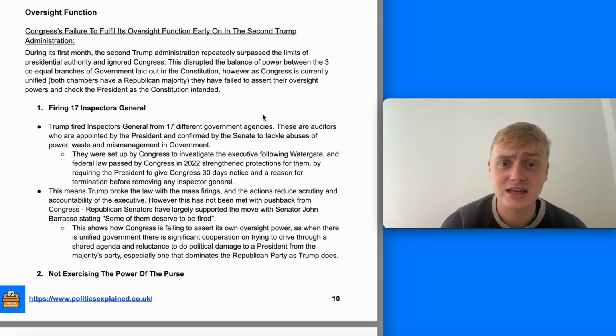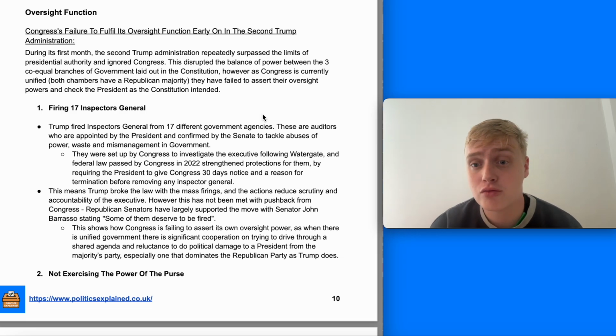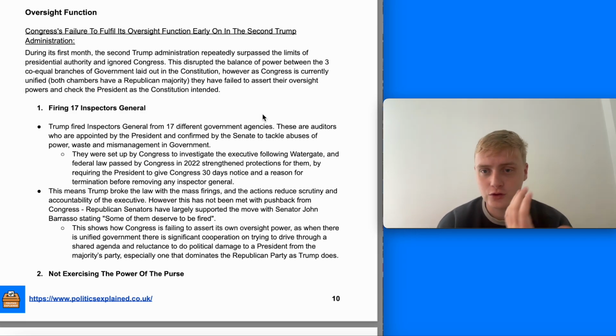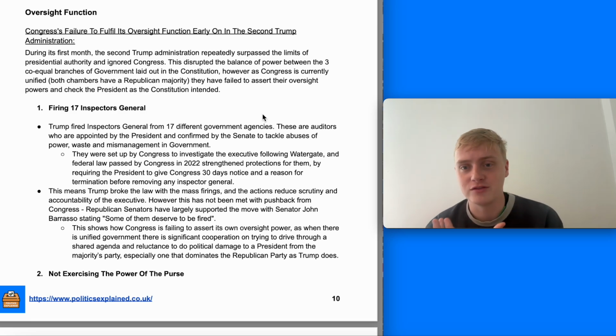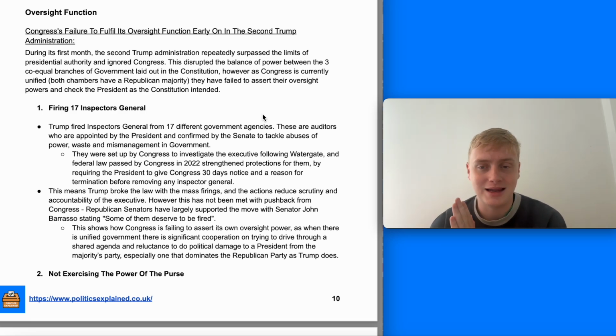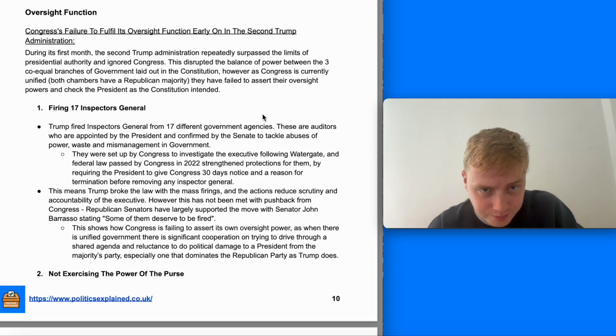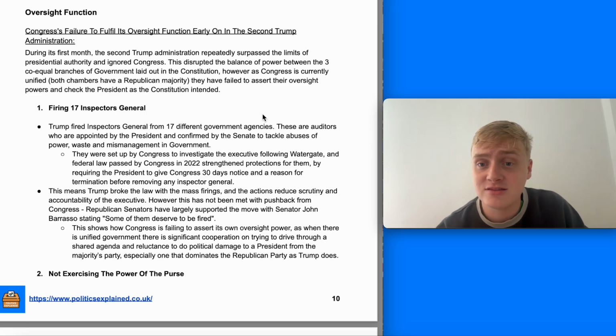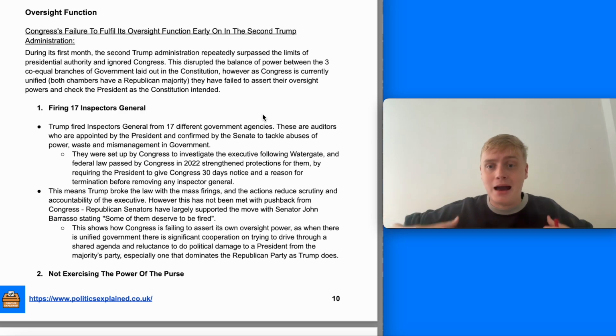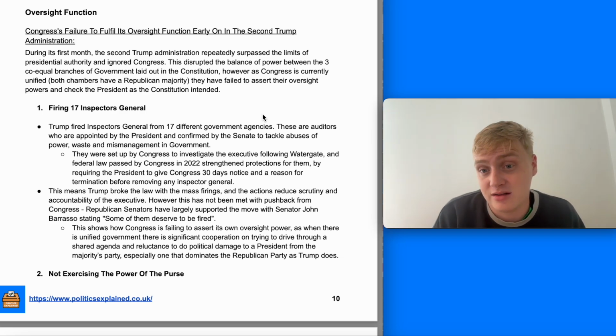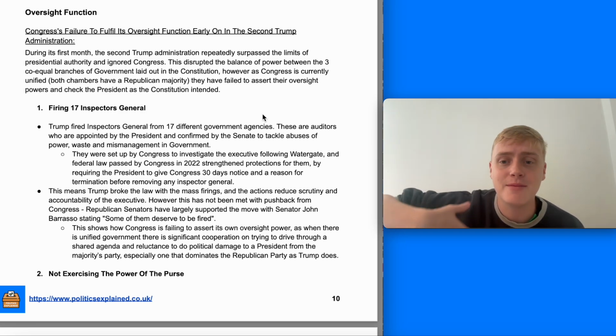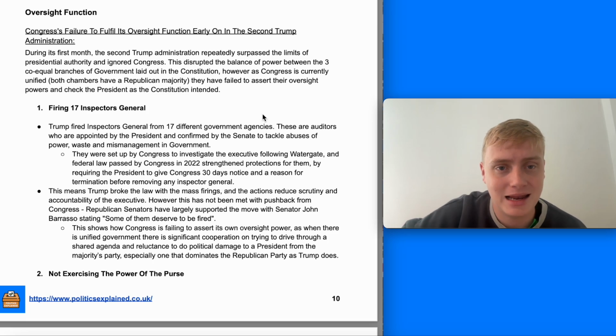And this can be seen as a threat to democracy in the United States, if there's unified government and Congress doesn't use its oversight powers of the president correctly to hold them to account and protect the checks and balances and protect the Constitution. And there's a real threat of the presidency gaining too much power, as the founding fathers were really worried about when they implemented a system of checks and balances.